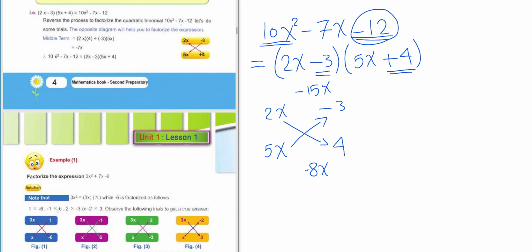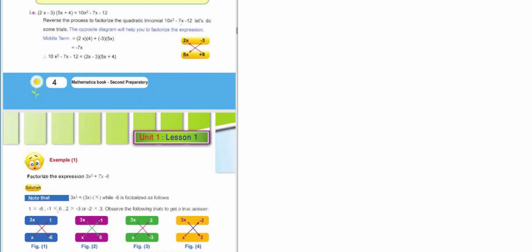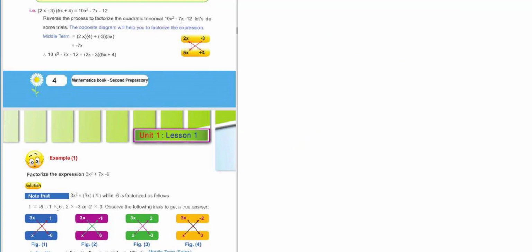Let me take another example. 3x² + 7x − 6.